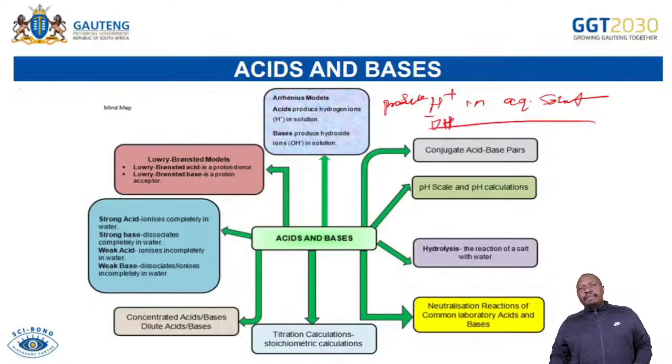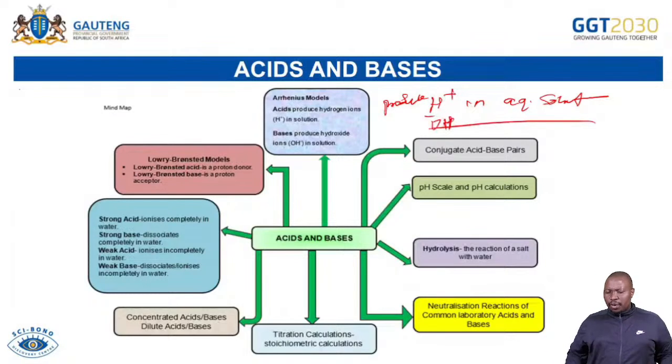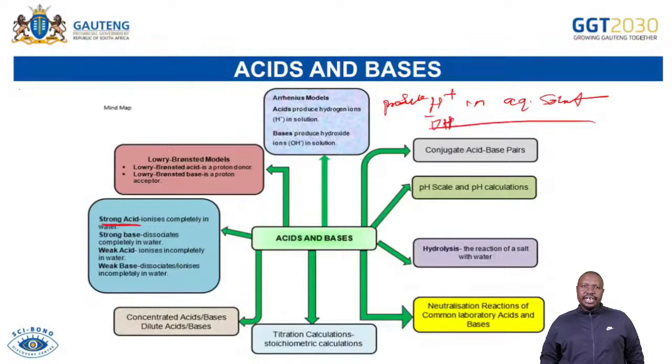Now remember, the strength of an acid has nothing to do with it being concentrated or dilute. I don't want you to be confused there. When we say we have a strong acid, it's because it ionizes completely in aqueous solution to form a high concentration of hydronium ion.